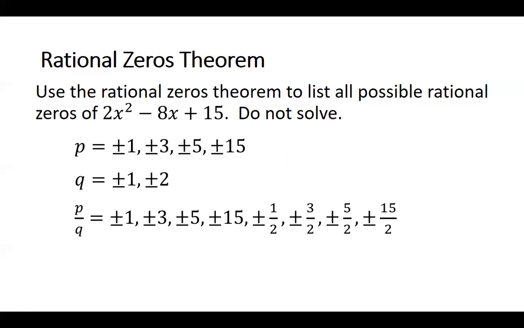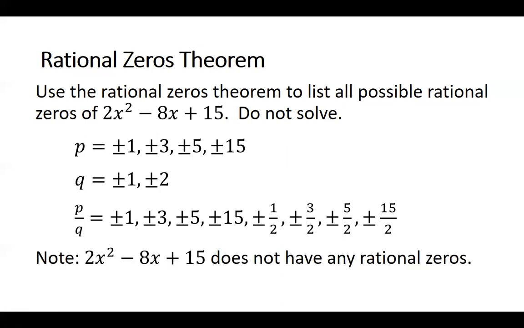So if I plug in +1 here, I get 2 minus 8 plus 15, which is not 0. So obviously that is not a zero of this function. Well, it does turn out that this particular function does not have any rational zeros. But we came up with the list of possible ones. No other value could have even possibly been a rational zero of this.